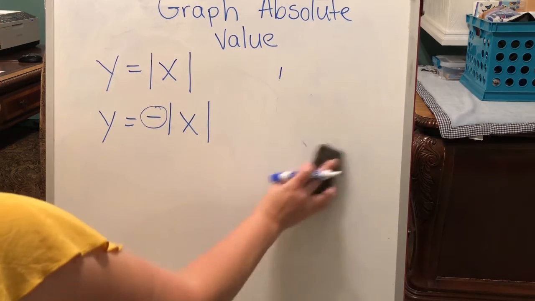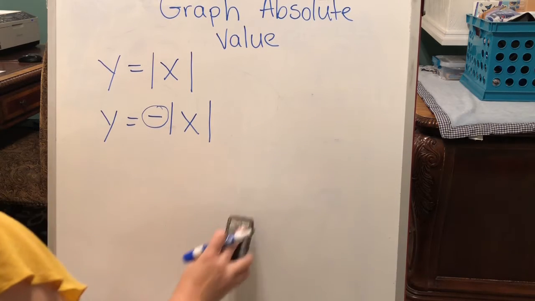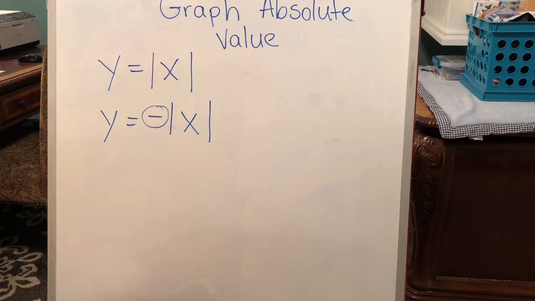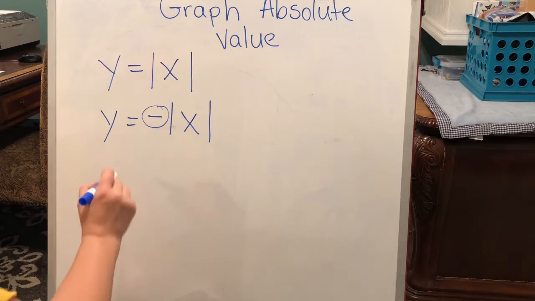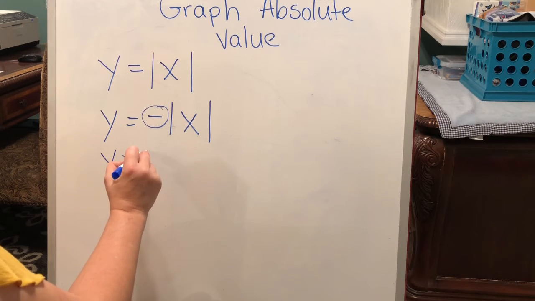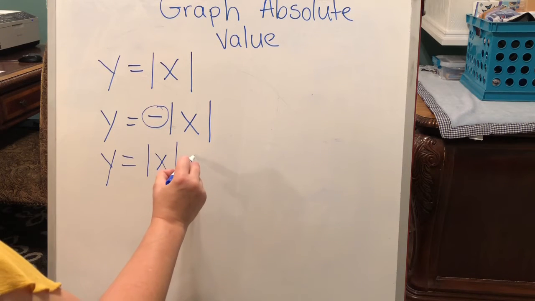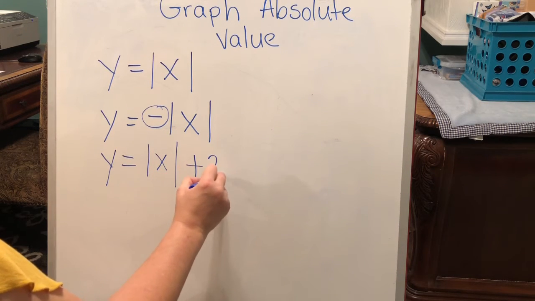There's one more thing we can talk about, and that is a shift on the y-axis. So if I have y equals the absolute value of x and then plus 2.